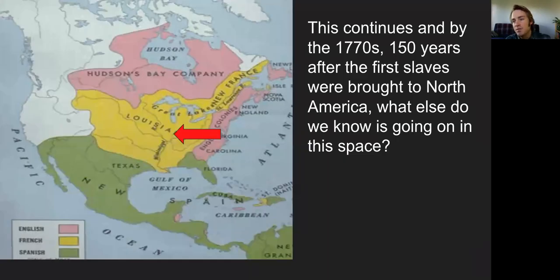So this continues for a super long time. I think it's hard to put into timeline perspective how long slavery exists in North America, and specifically in what will become the United States, other than to say that the first slaves were brought to this region in 1619, and that slavery exists in the United States until the end of the Civil War in 1865.